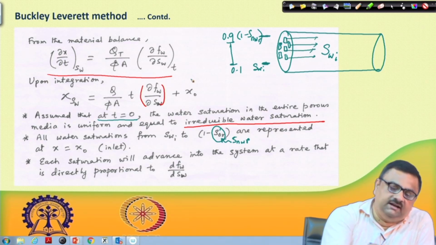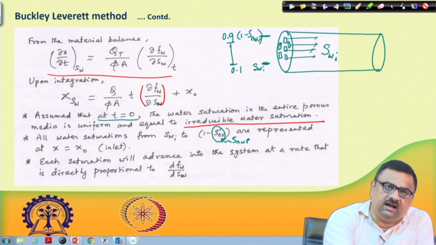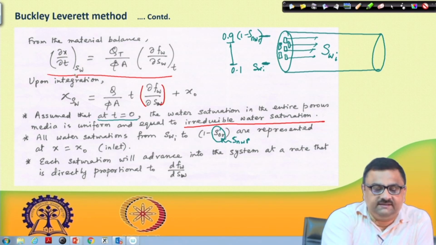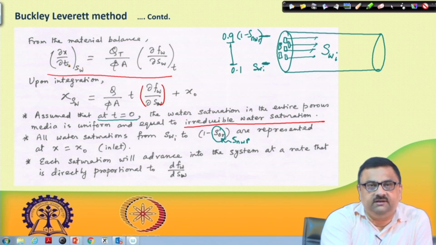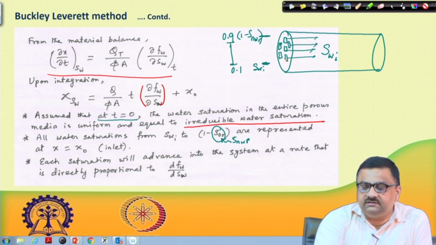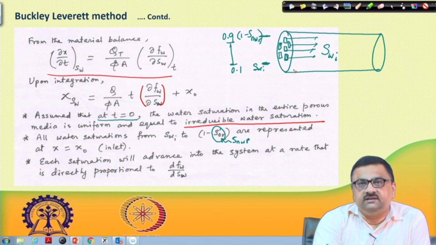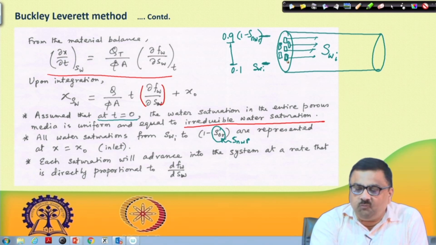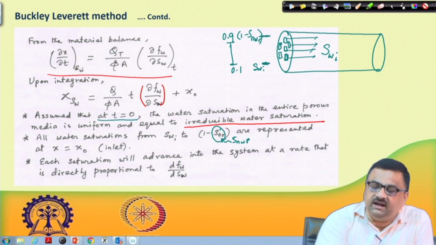So, when we write dx by dt at constant SW, this term implies the velocity at which that saturation packet SW travels. Let us say I am focusing on a saturation packet whose water saturation is 0.3752. So, 0.3752 would be traveling at a velocity which is given by this.